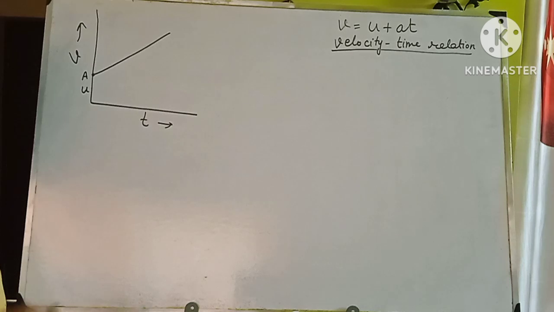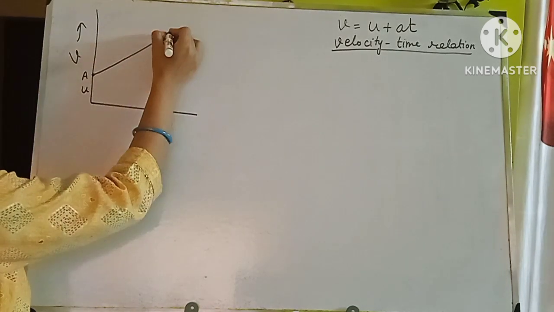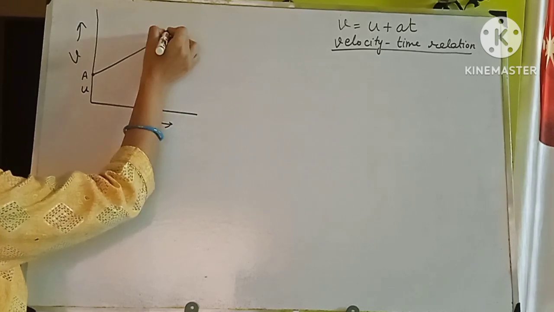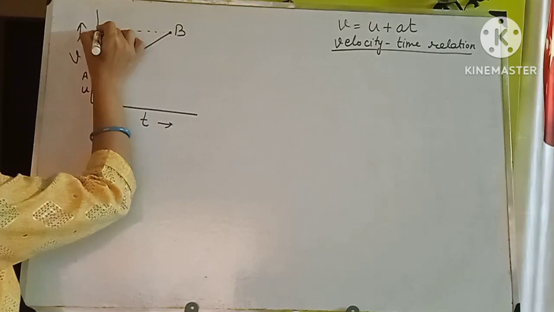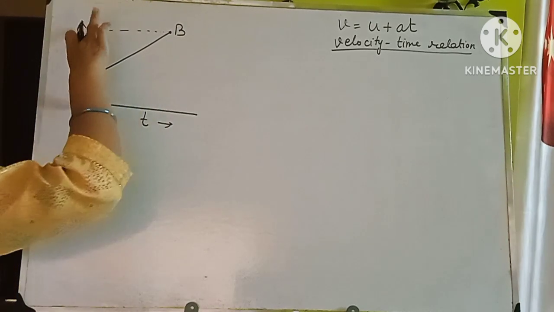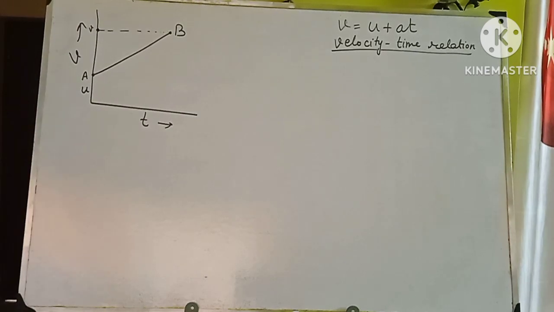It accelerates uniformly means the graph will be a straight line. It attains a final velocity V at point B. So this much distance is your V. Okay, so this is our consideration.